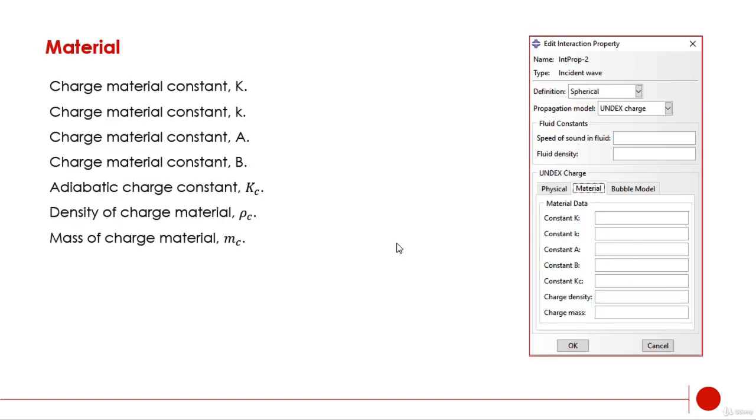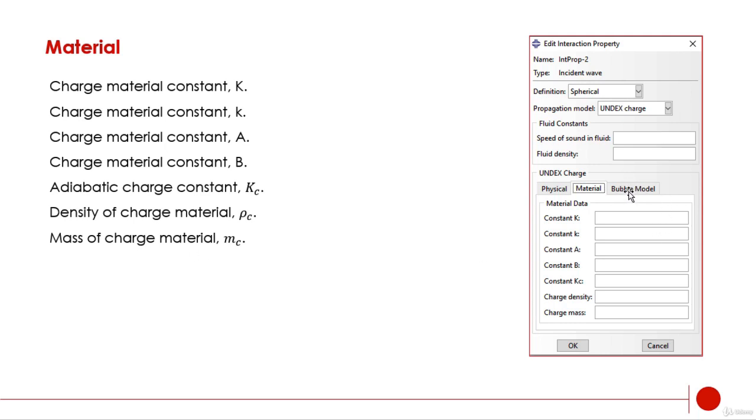The second one is material, where we need to provide the material properties for the explosive. As you can see, we have the constants K, K, A, B, and also an adiabatic charge constant, density of charge material, and mass of charge material.